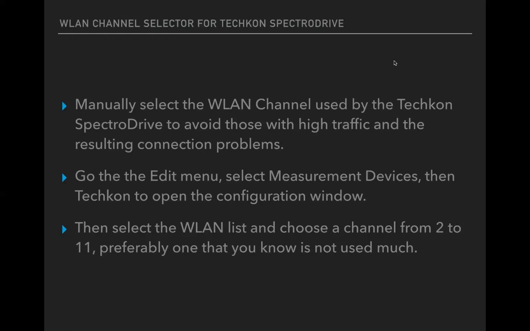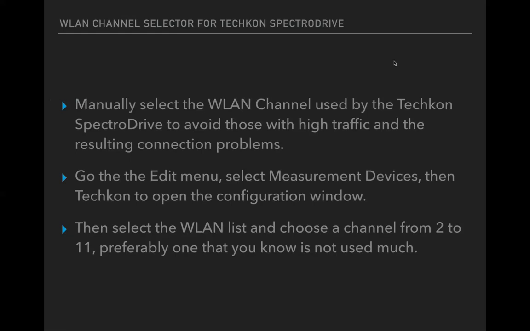However, you can eliminate those dropouts by using a Wi-Fi channel scanner to check which channels are busy, which aren't, and then by manually selecting the correct or the best Wi-Fi channel for the Spectra drive.